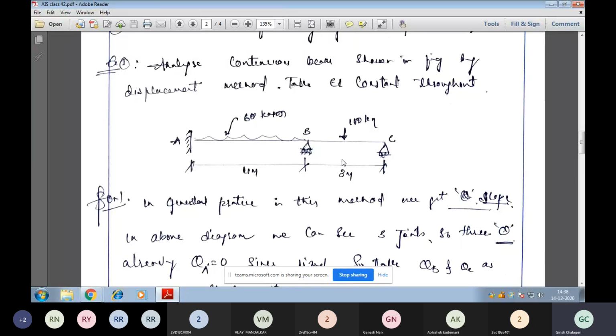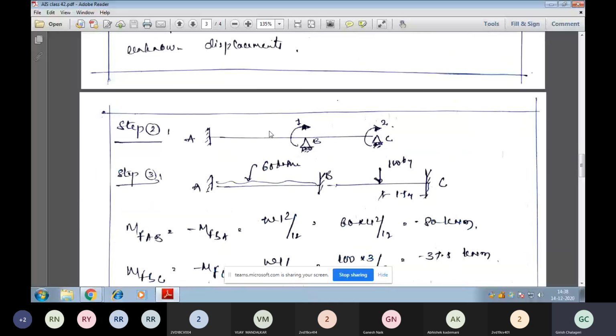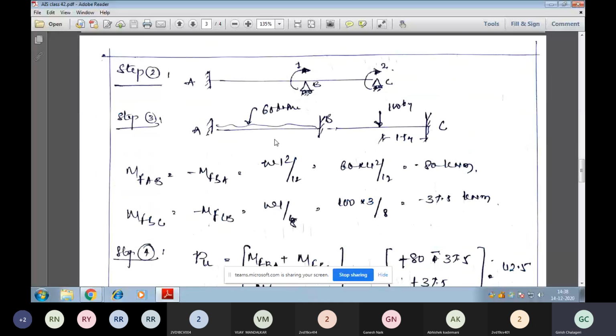Once you know there are two unknown rotations, theta B and theta C, we need two equations to solve this. So first step, as I told, we assign the coordinates at the joints which are being removed. So coordinates are theta B and theta C, which are not there in the present conditions.